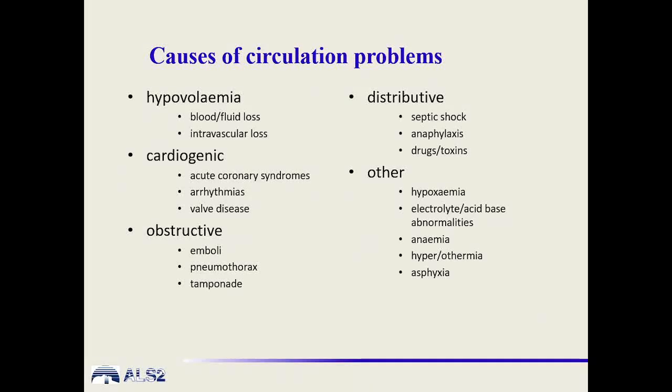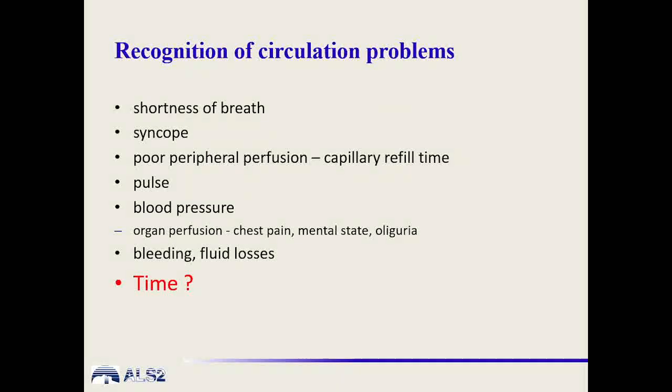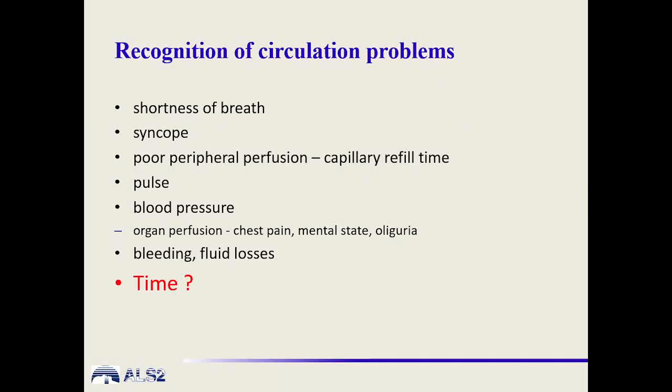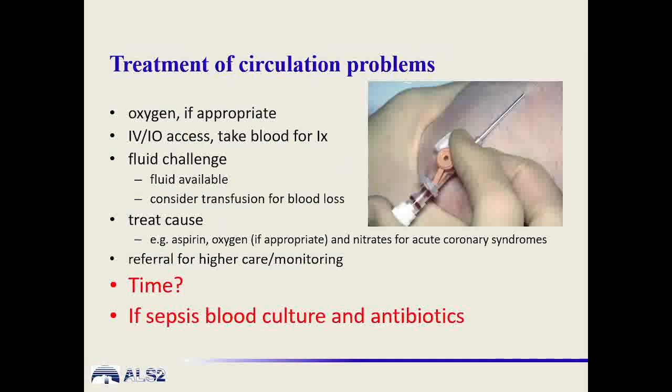Now the next step is circulatory problems. This can be hypovolemia, cardiogenic, obstructive, distributive, and other causes. I'm not going to go into details because I'm sure you know all these causes. So they come out with these kinds of symptoms and signs: shortness of breath, syncope, and capillary refill time is prolonged.